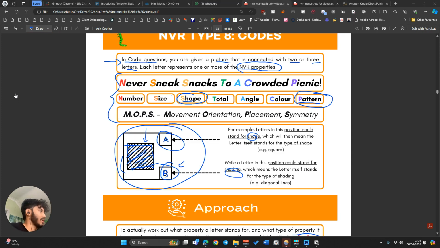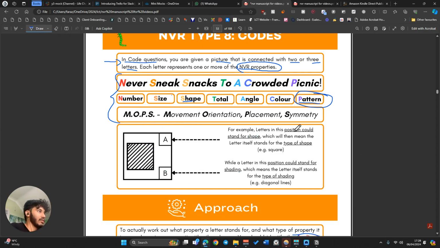Let's just go back up to the top, just to round it all off and really give a final explanation on what you need to be doing. Like I said a few seconds ago, it says here, each letter represents one or more of the NVR properties. So even if we're given 3 letters, like we were down there, X, Y, Z, all of them have to represent something.